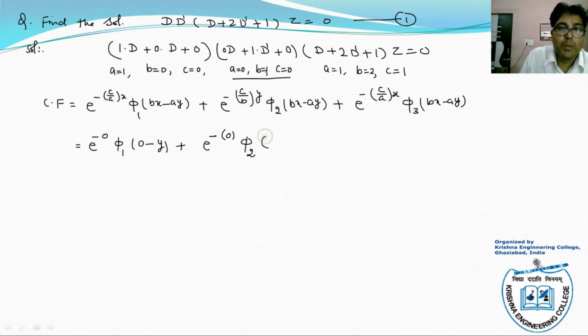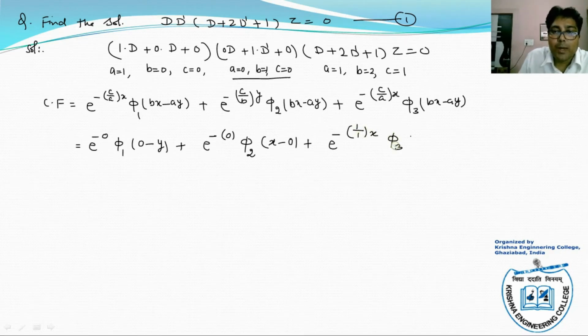Phi 2 b, in this factor b is equal to 1, so this is x minus a is 0, plus e to the power, the value of c in this factor is 1, the value of a is 1, x, phi 3 b 2 bx minus a y.